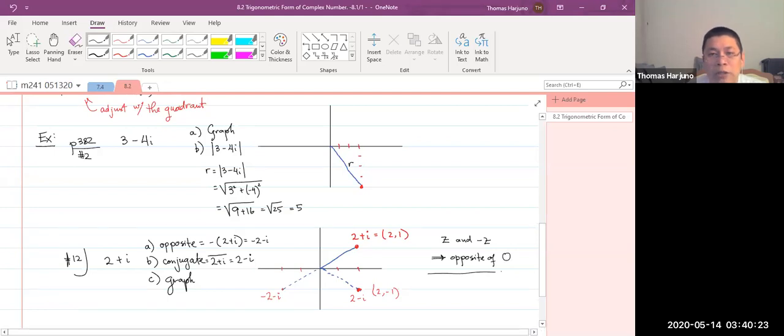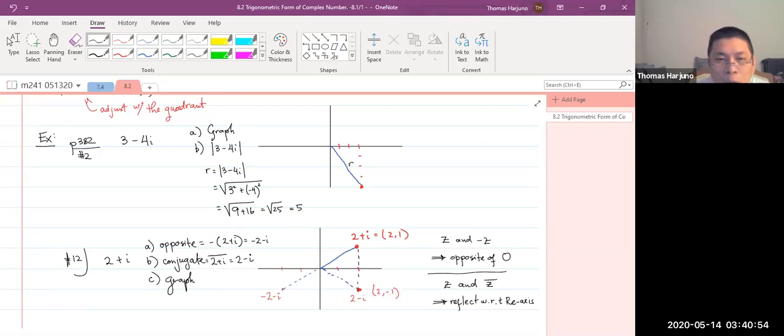Now, the relationship between a complex number and its conjugate is a reflection with respect to the real axis. Do you see that here? The real part will be the same. The imaginary part will be the opposite.